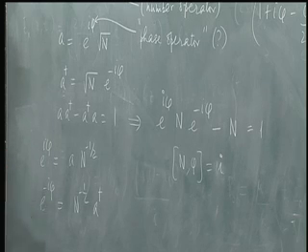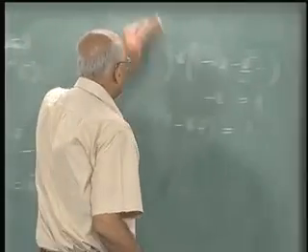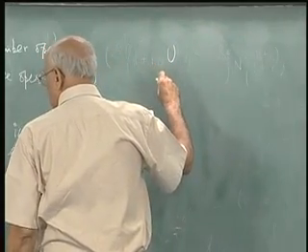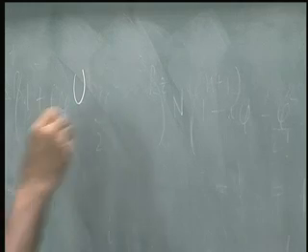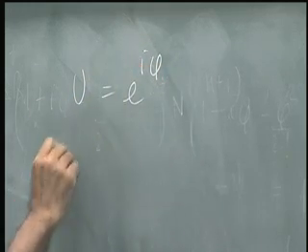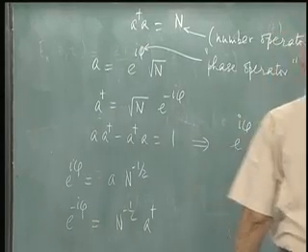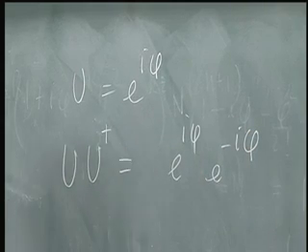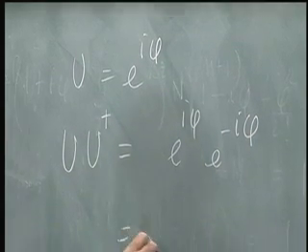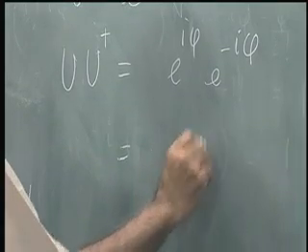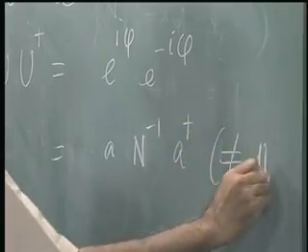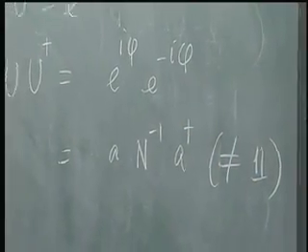This is U inverse and I want this to be U dagger for it to be unitary. So what happens if I put it in? U U inverse, if I put that in, this gives me equal to a n inverse a dagger, and that is not identically equal to the unit operator, by no means.